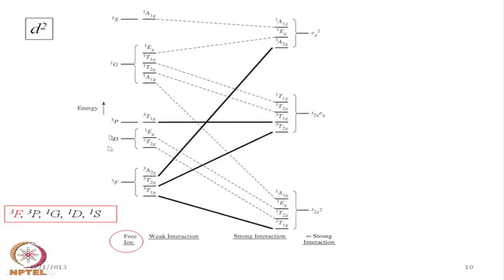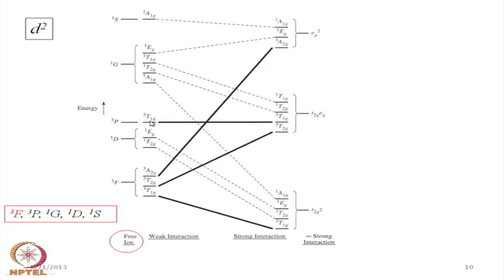Similarly, these are the corresponding free ion terms, and due to these weak interactions we can have very weak splitting of the terms. Since this is the F term, we all know that F can be split into 2 triplets and 1 singlet, that means the total number of term values is equal to 7. Similarly, D splits into 2 terms, E and T, 1 doublet and 1 triplet.